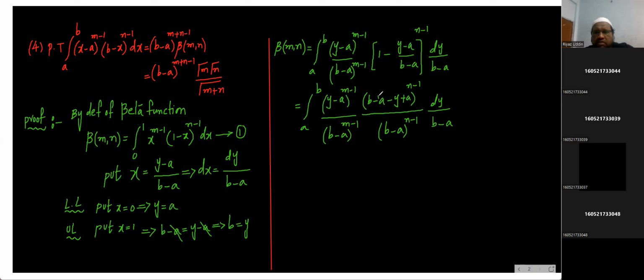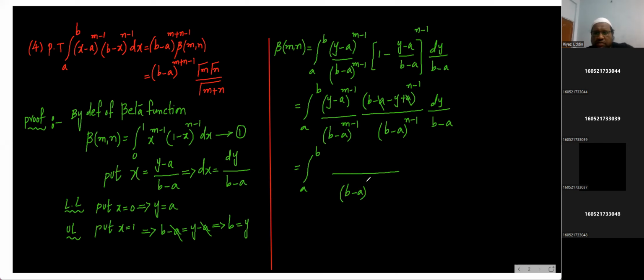Plus a minus a, cancel it out. Integral a to b. See, first of all, the denominator. If you notice the denominator, bases are equal, so the powers should be added.